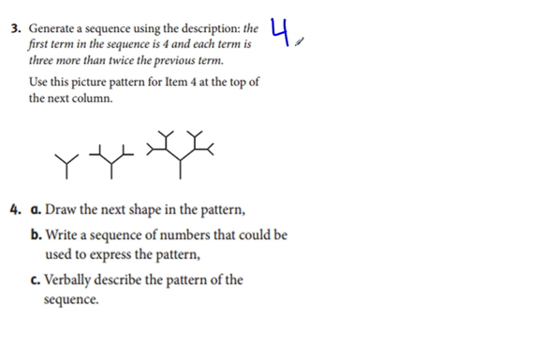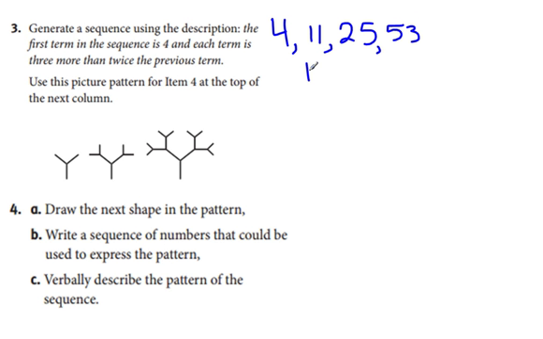Plus 3 more is 11. After that, if we double that number, it's 22, plus 3 more is 25. And if we double that one, 25 times 2 is 50, plus 3 more is 53.